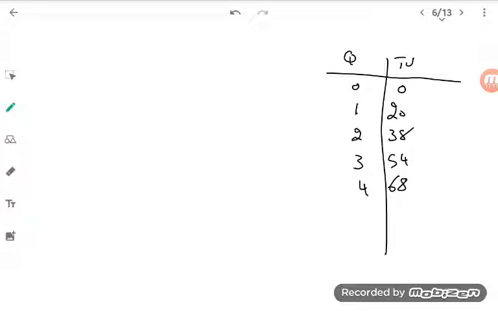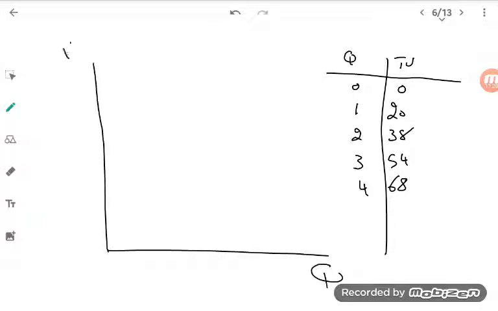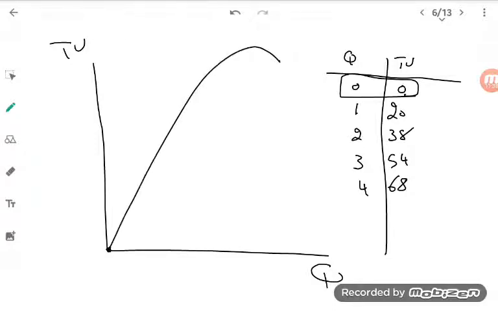Of course, utility is intangible and hard to measure, but we are going to assume that you can measure it. If you would like to draw total utility, it's going to be like this. This is quantity or number of units, and this is total utility. We start from the origin, as when the quantity is 0, total utility is 0, and this is the total utility curve.